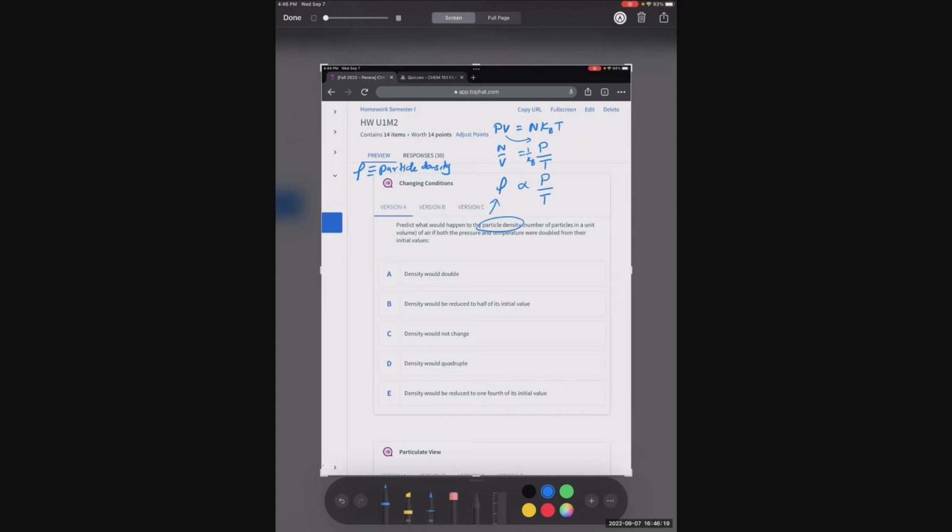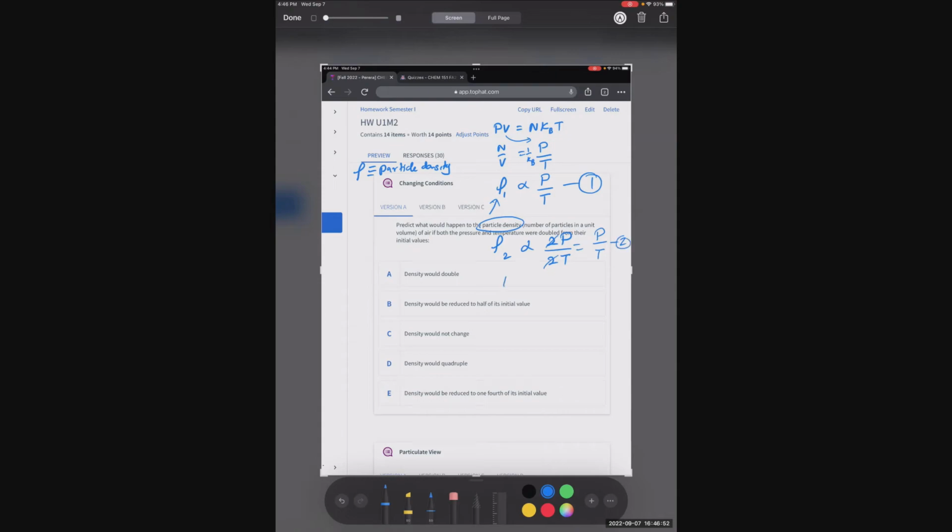Here's what we had in the beginning, this is rho 1, and in the second one, rho 2, we have 2 times the initial pressure, double the pressure, and 2 times the initial temperature. We're doubling the temperature. Here's the thing, this 2 cancels out, and we're going to end up with the pressure over temperature as before.